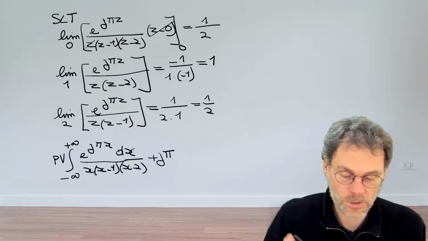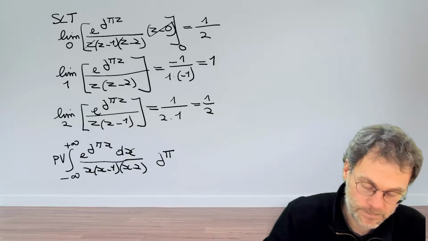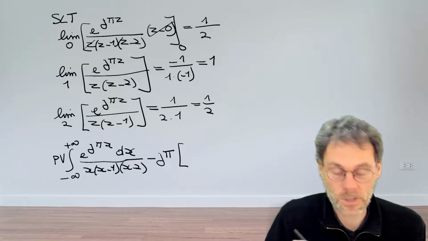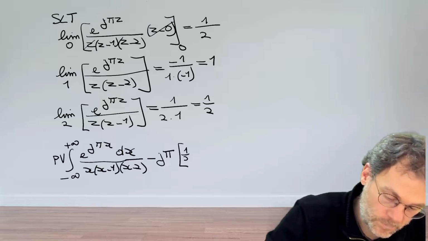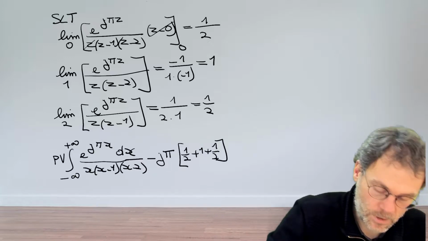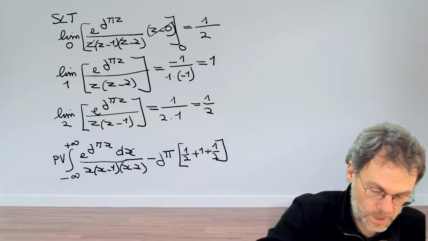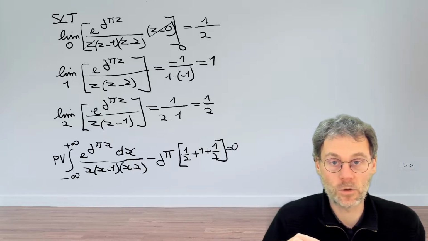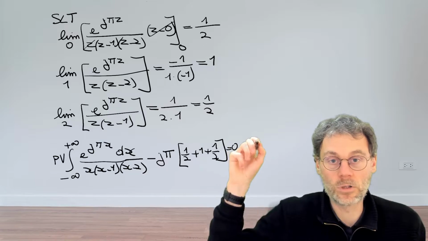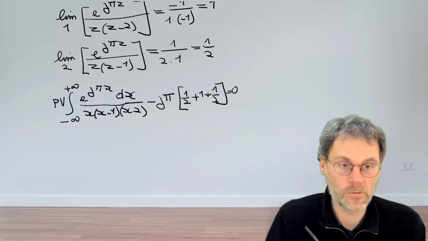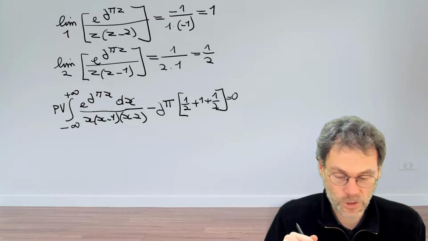So this gives us minus pi as an angle. And then we have the limits. So let's just add the three limits together: half, 1, and then half. All of that is equal to 0, because we have no singularities inside the contour. We were very careful to close it in the upper half plane so that we don't need to worry about calculating residues. So that's very efficient.